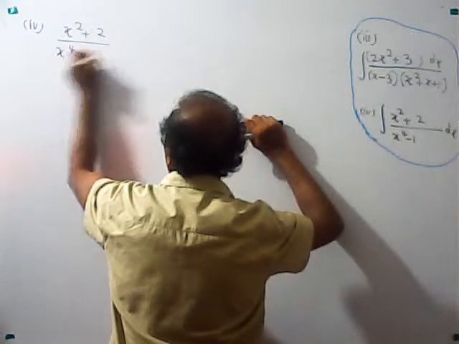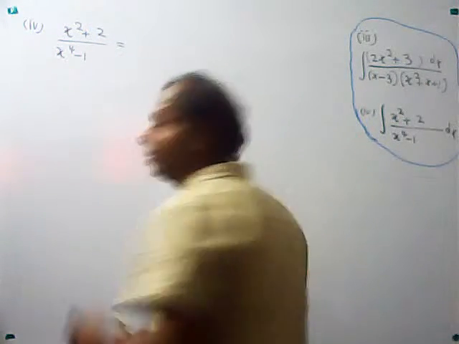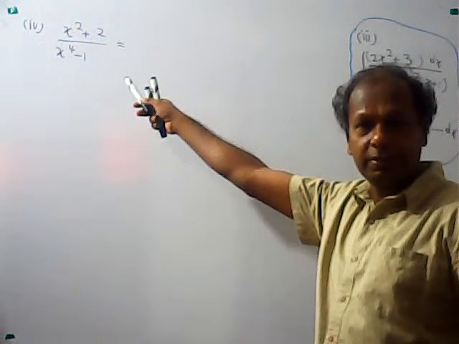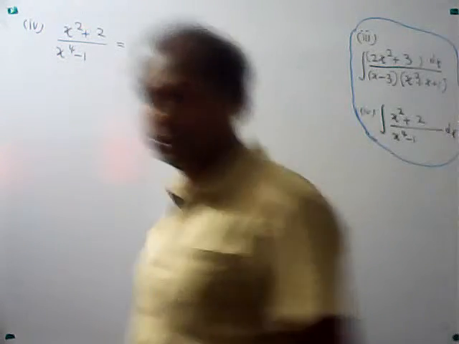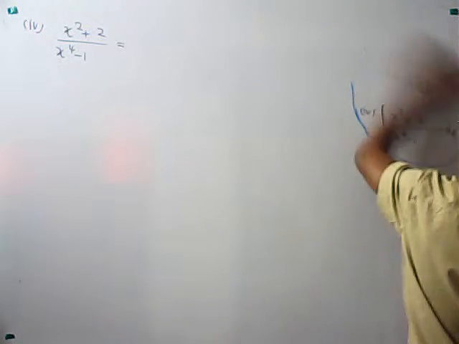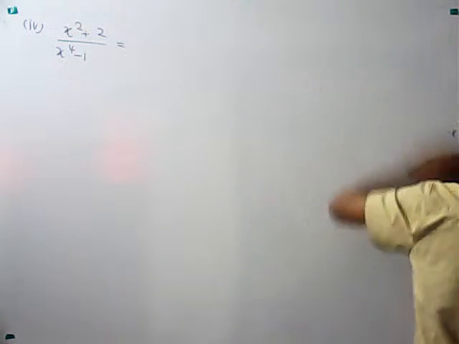Power 4 minus 1. Now, before breaking this into partial fractions, you have to break the denominator into factors. Factorize the denominator. Then only you can see how you break the function into partial fractions.